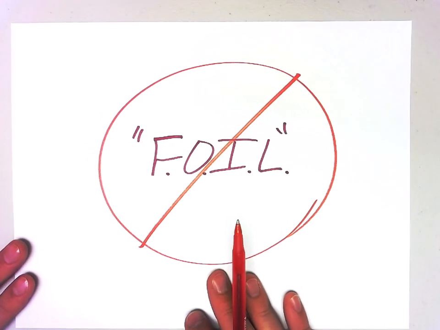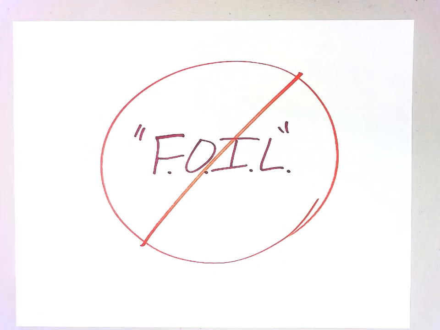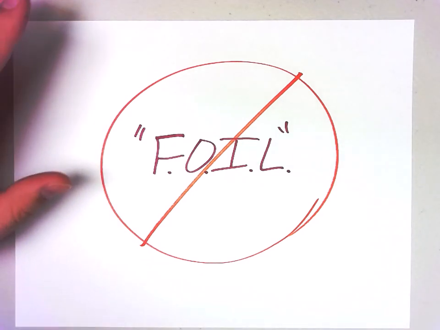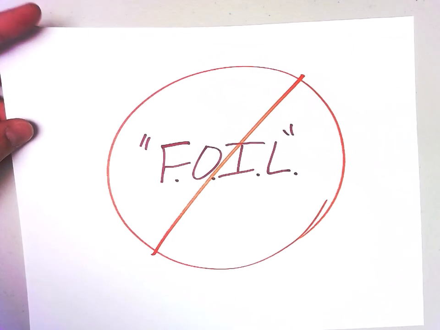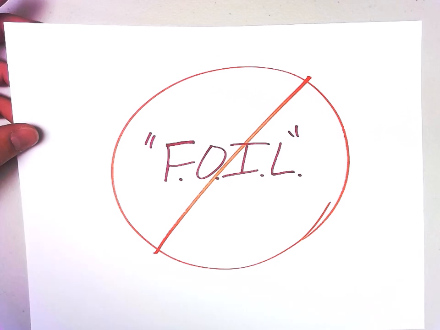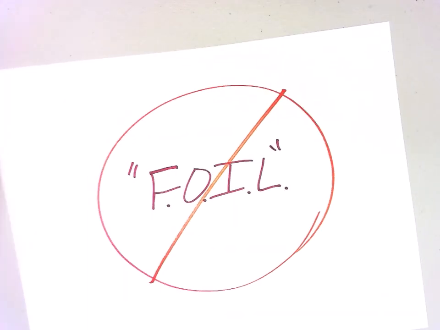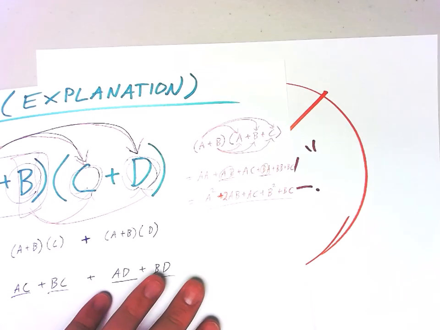So don't do FOIL. Somebody told you that it works when you're doing a binomial times a binomial, but then when you get to bigger polynomials multiplying together, you get confused. So just learn the claw. See how I was doing it here?